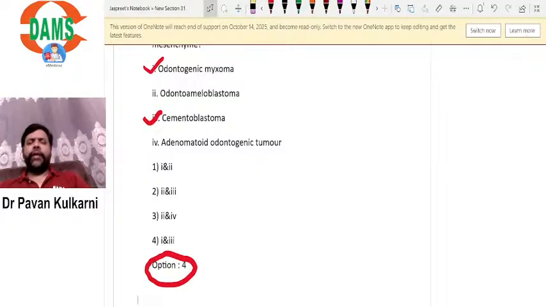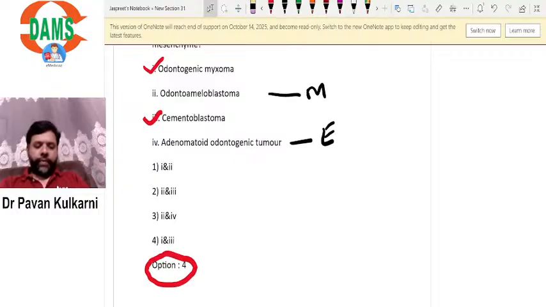Ameloblastoma is purely epithelial, odonto is connective tissue. So it is mixed. If I have to write down, this is purely epithelial, this is mixed, whereas 1 and 3 are purely mesenchymal in origin.